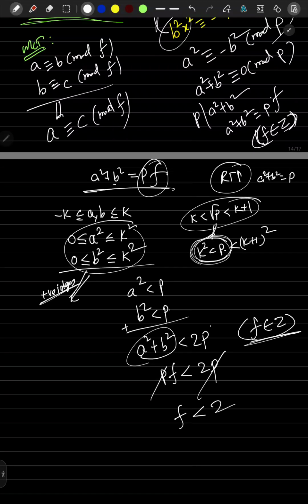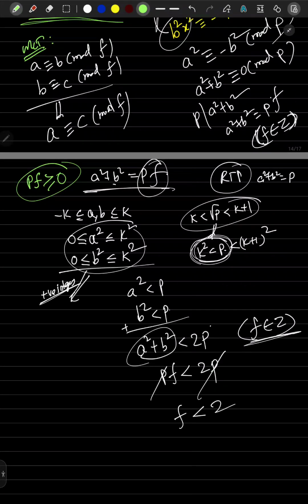One more thing to observe, one beauty: a square plus b square can't be negative. So can I say pf is greater than or equal to 0? Yes, always.